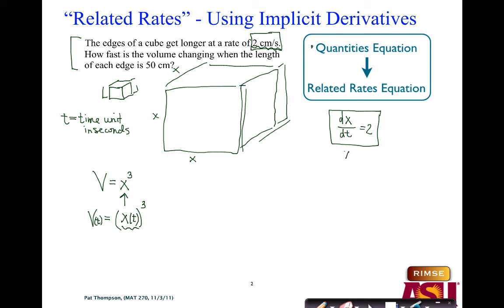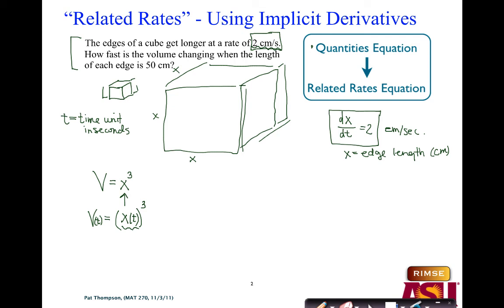So x is the edge length measured in centimeters. The rate of change of the edge length over time is 2, measured in centimeters per second. And t is just in seconds.